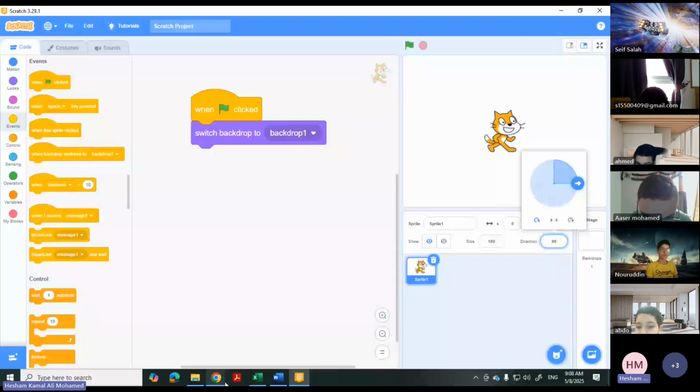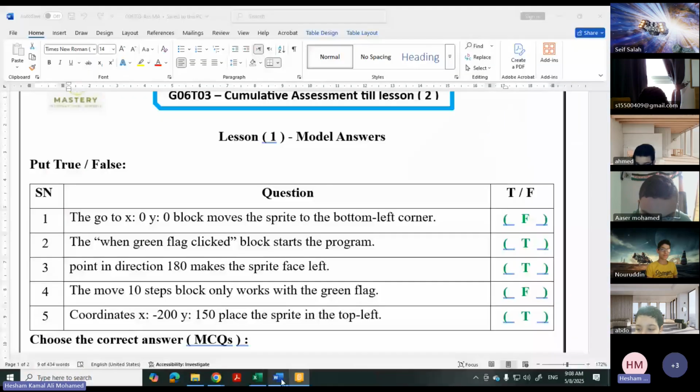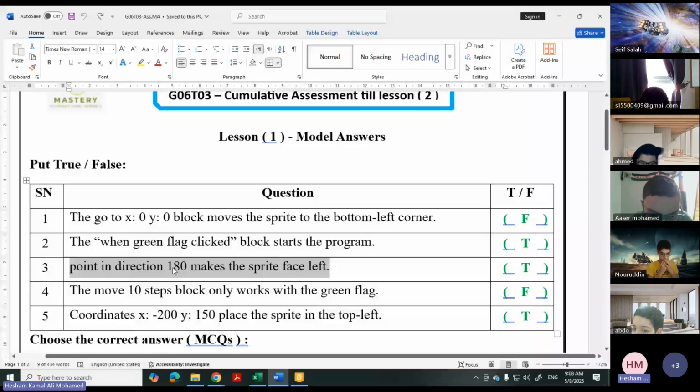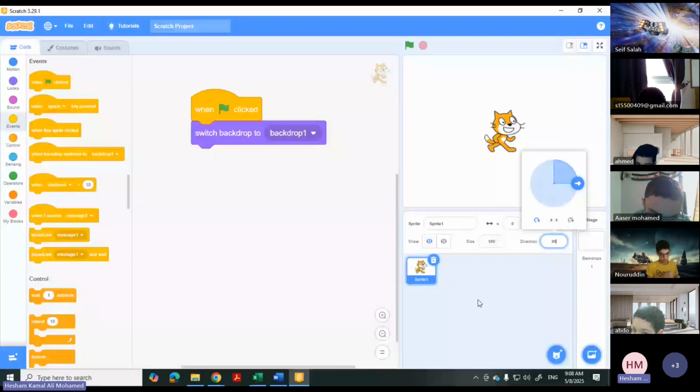Here, it says point in the direction of 180 makes the sprite face left. Okay, let's go here in Scratch. I'm going 180. Okay, this is 180. And here it says negative 90. So Scratch presents it as negative 90. So if it writes 180 or negative 90, they are the same.